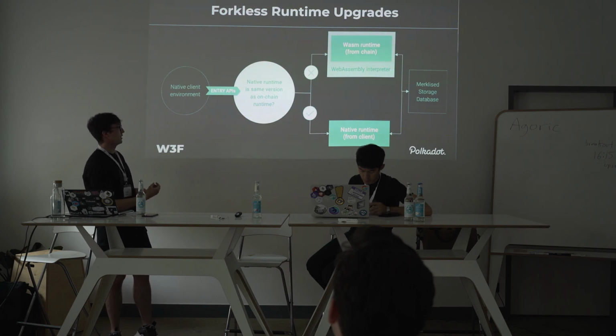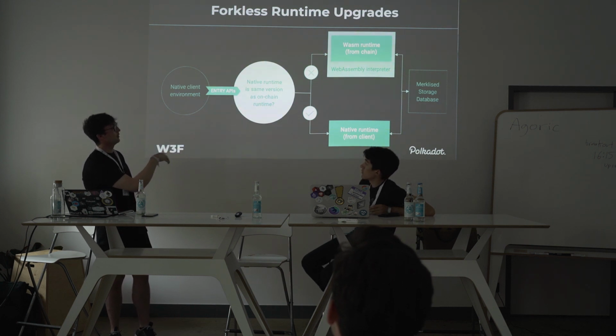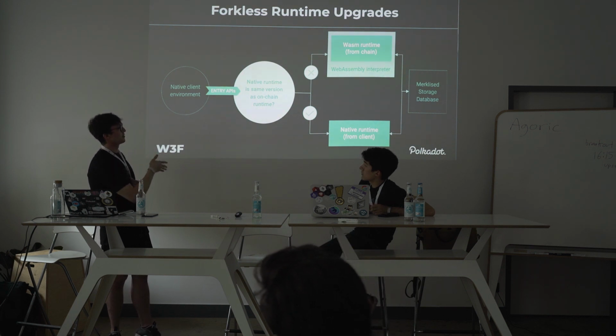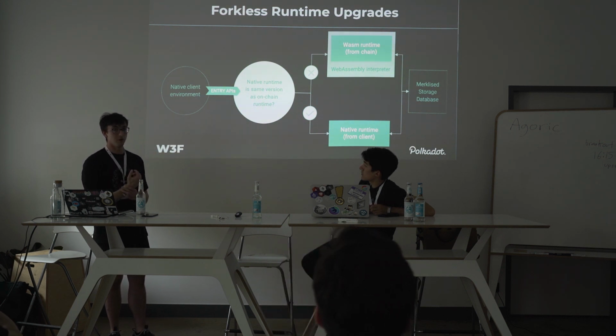So how this works is that if you're running a Substrate client and the runtime logic gets upgraded, a blob of WebAssembly code will be placed on chain, and you will execute against the WebAssembly code using the WASM interpreter.